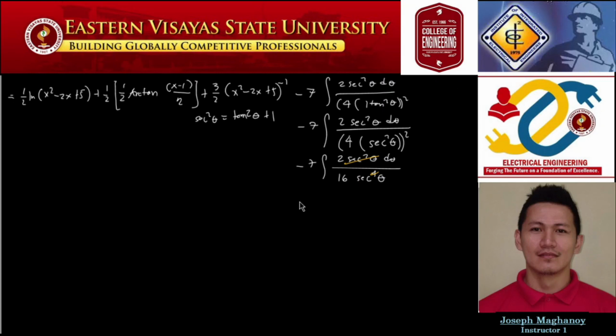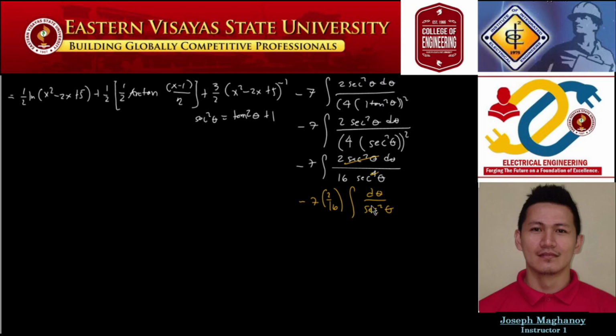So we rewrite 7, we carry out this constant, that is 2 over 16. The remaining is d theta over secant squared theta.